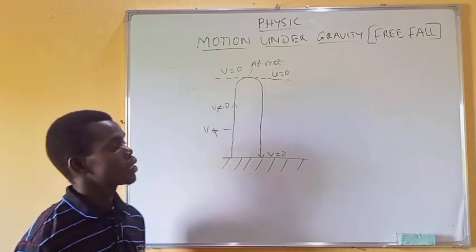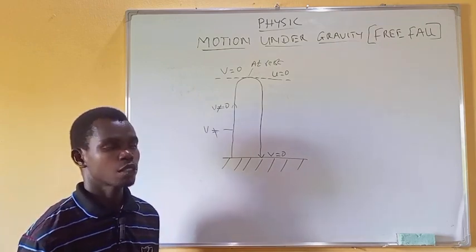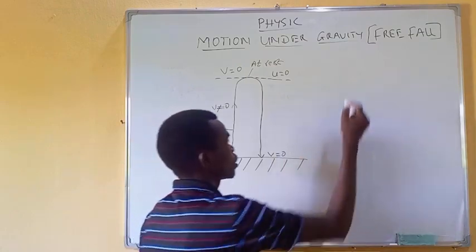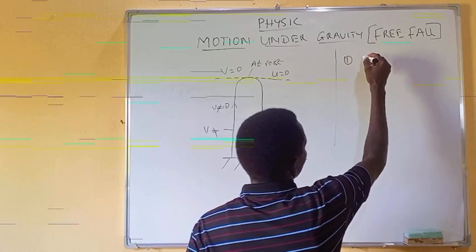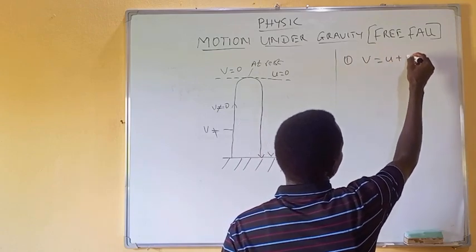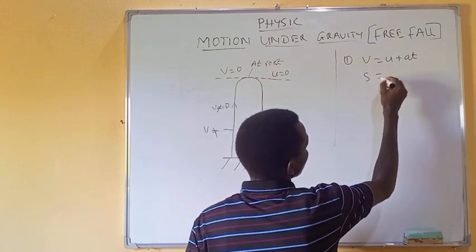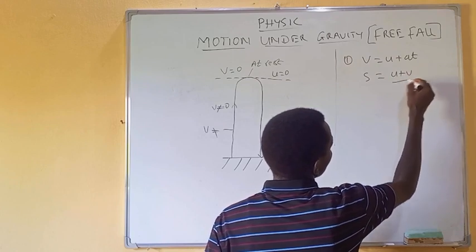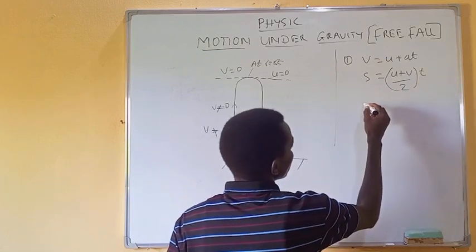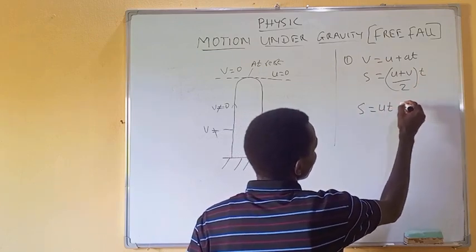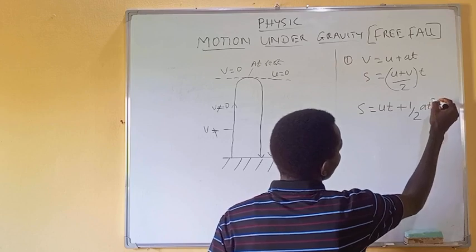You see, these are the things you need to know on this upward and downward motion of an object. And the equations used in this motion under gravity are the same as the four equations of motion. 1, V is equal to U plus AT. 2, S is equal to U plus V over 2 times T. 3, S is equal to UT plus half AT squared.